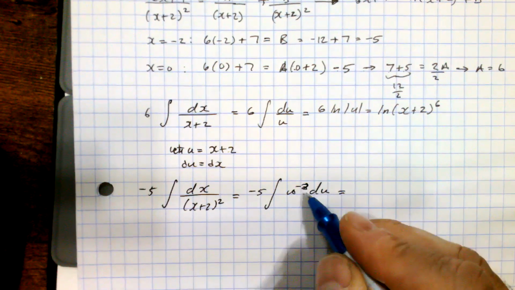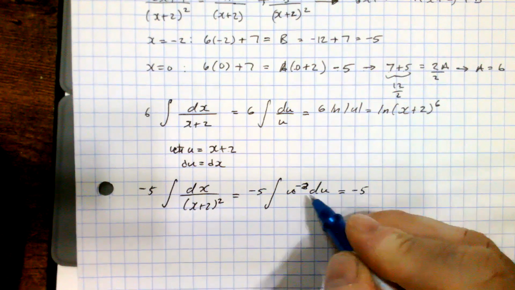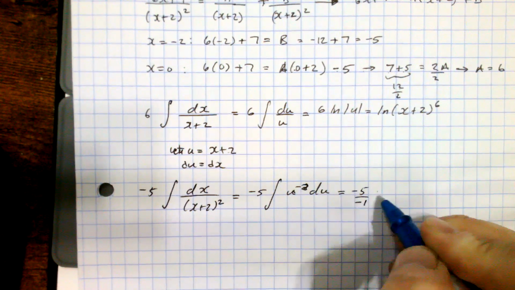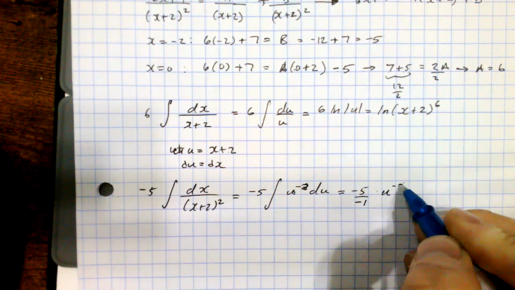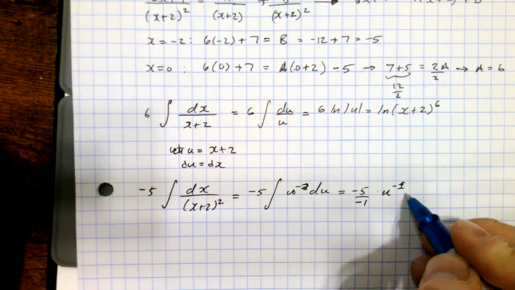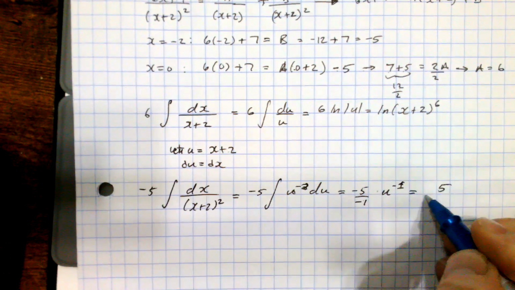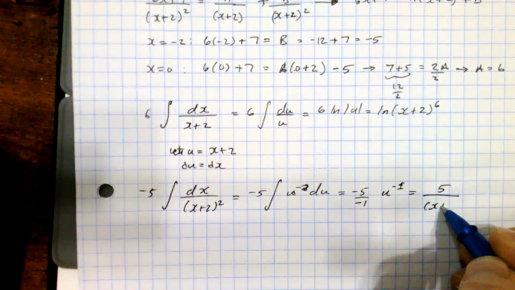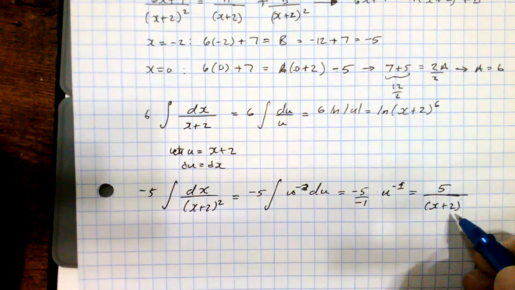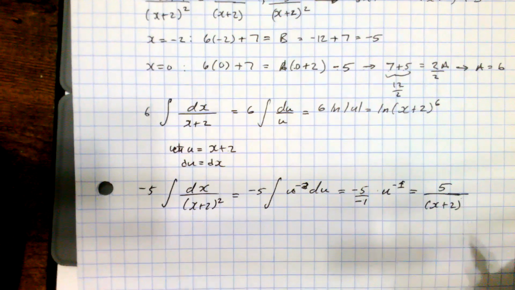And then this is just a simple power rule, so I can add 1 to the exponent and divide by it. So it's going to be negative 5. Adding 1 to negative 2 is going to give me a negative 1. So I'm dividing by a negative 1, u to the negative 1. Then I can substitute back in what u is equal to. The negatives cancel, and I'm left with 5 over x plus 2, where the exponent is a negative 1, but I brought it downstairs, so it's no longer a negative. It's a 1.